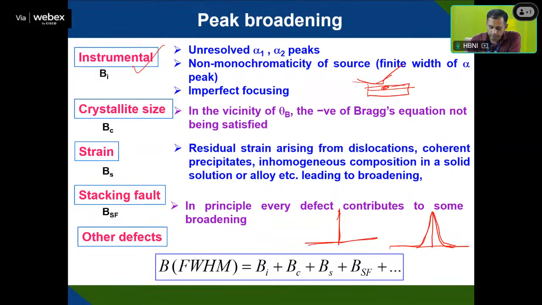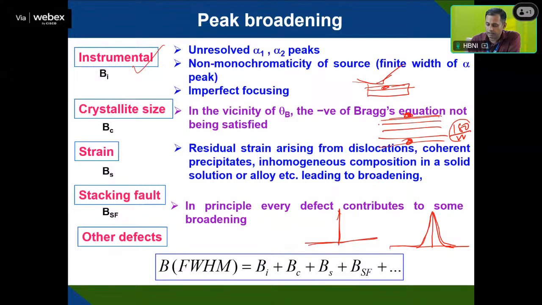That means you have a small crystallite size. If you take a perfect bulk metal, there are a number of planes, and if the first plane is here and another plane is there, the 180 by nth plane will give perfectly destructive interference with the top plane.